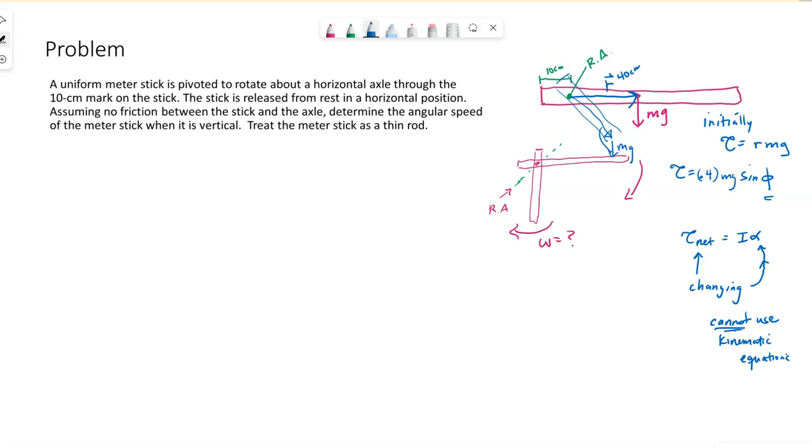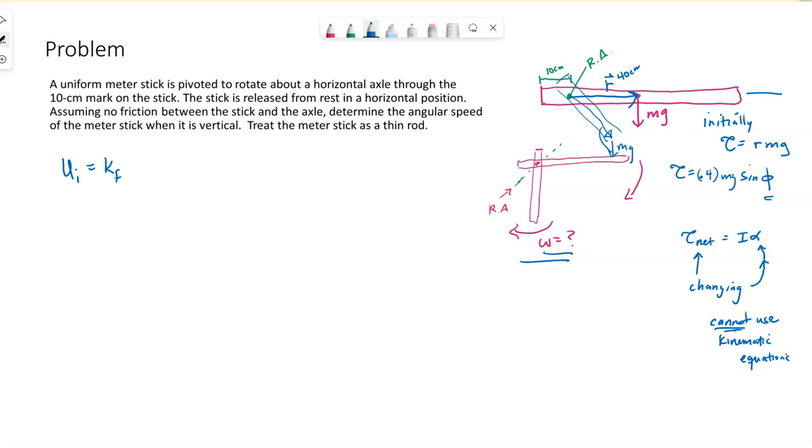So because I'm trying to relate some sort of initial height to a final speed, conservation of energy, those should work. And it will work, actually. We can totally say that initially the potential energy is going to turn into, finally, at this lowest moment, kinetic energy.